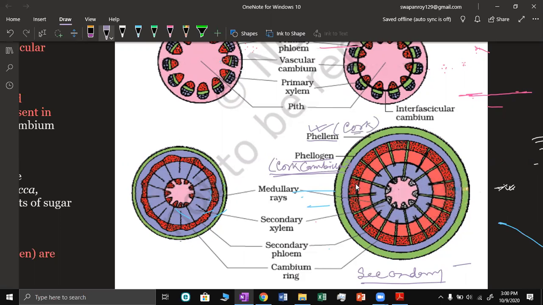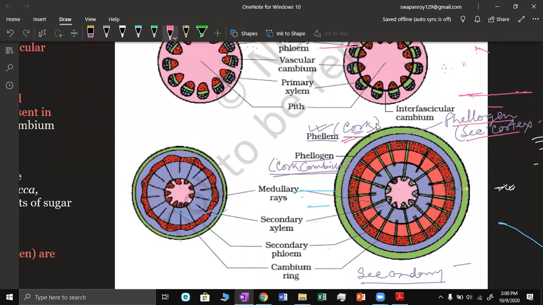And on the inner side it produces phelloderm, or we call it secondary cortex.